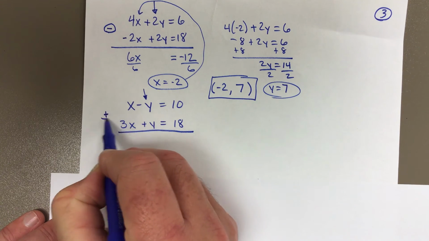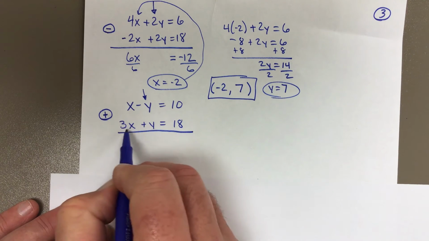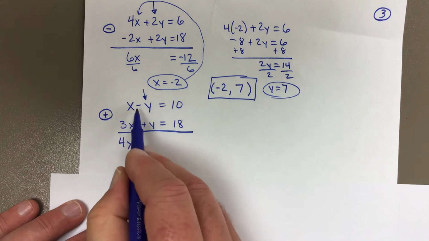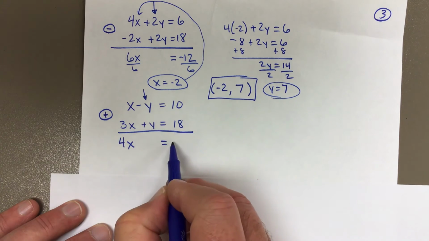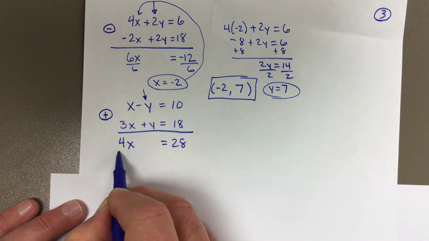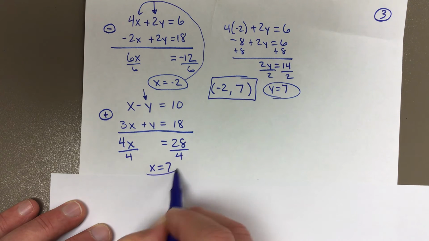So that means we're going to add these together. 1x plus 3x is 4x. -1 plus 1 is 0. That goes away. And 10 plus 18 is 28. So we divide by 4, and we get x is 7.